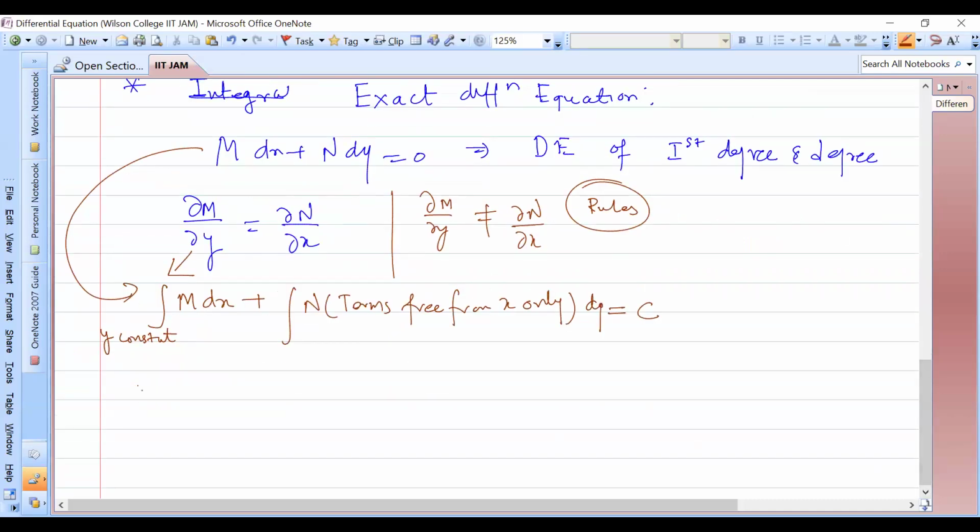So here, do one thing. I am taking a problem on integrating factor. One sec.